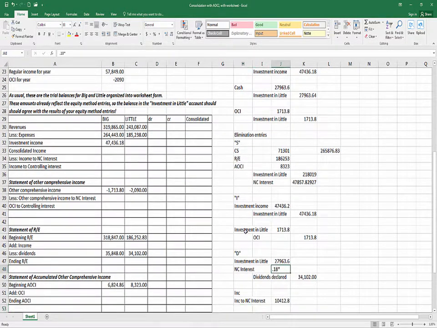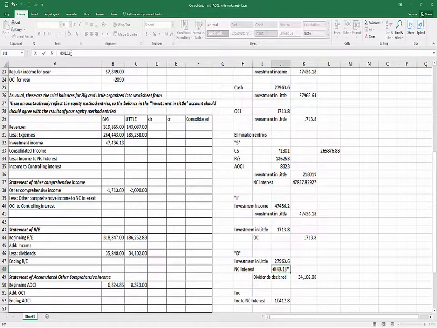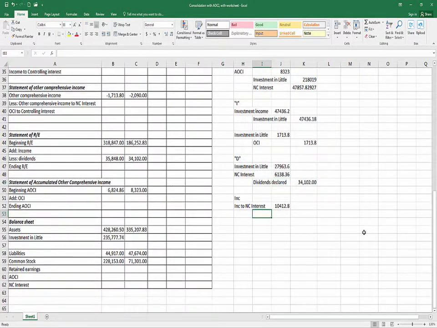So you can see I just did something wrong there. Bear with me. There, I fixed this. 18 times that. There we go. This is just like every other income to the non-controlling interest entry we've ever done.